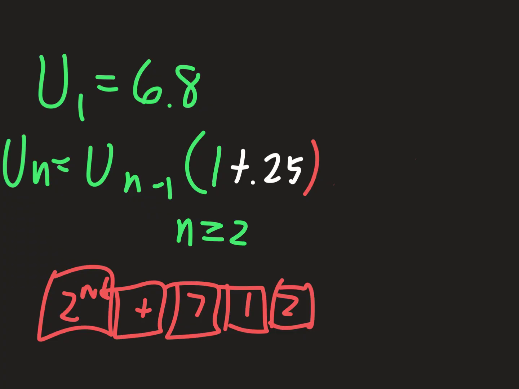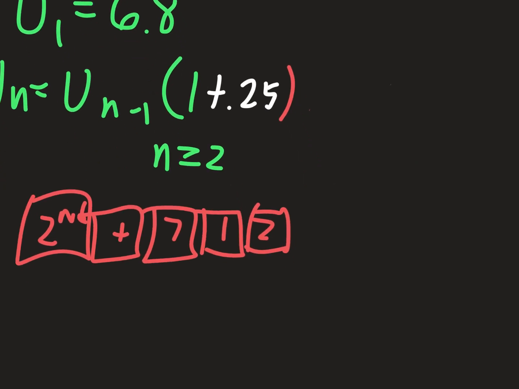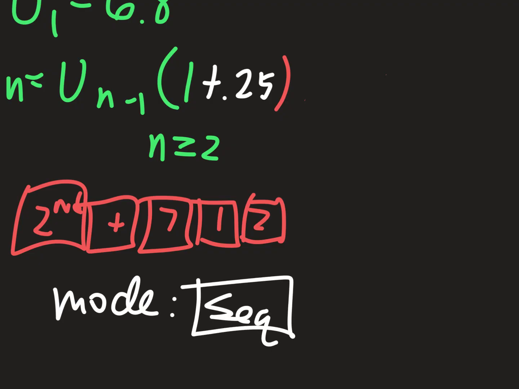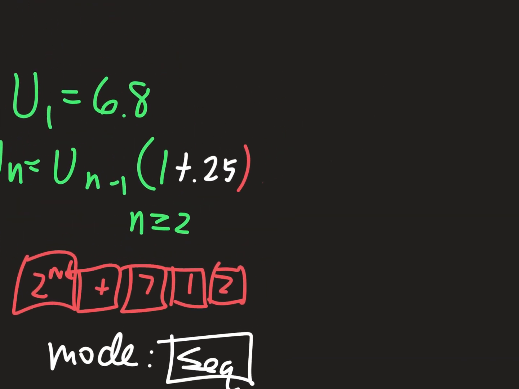It'll also erase any programs you have, so if you're a hardcore programmer, you may want to be aware of that. Okay. But you go to mode, and you're looking for sequence mode. It's a few arrows down, and then eventually you'll find sequence mode, hit enter, and then you'll be in sequence mode. And then when you hit your Y equals key, you should see this.